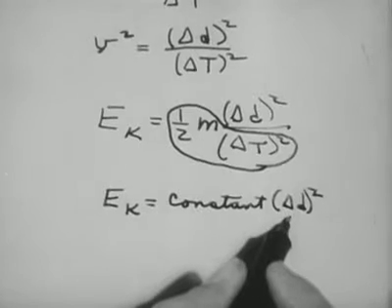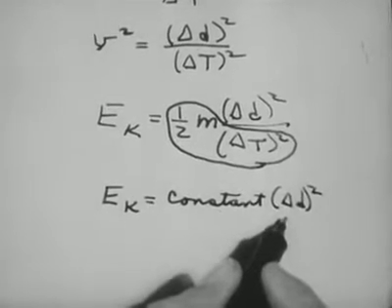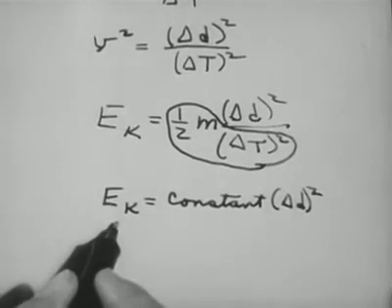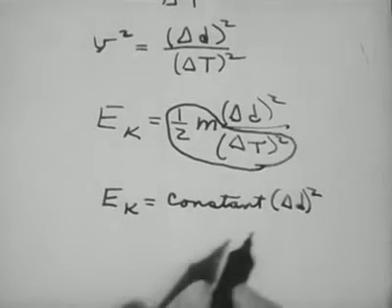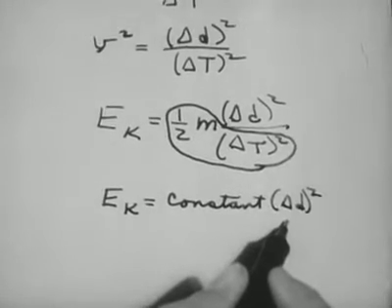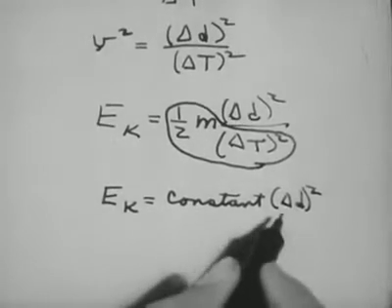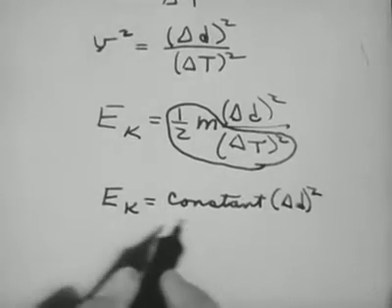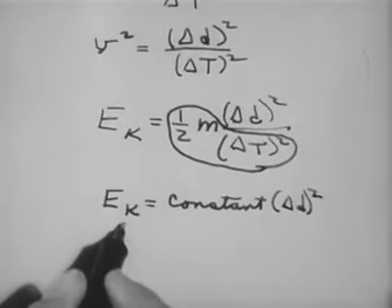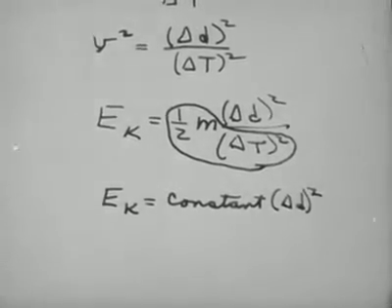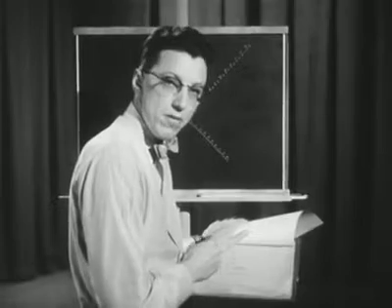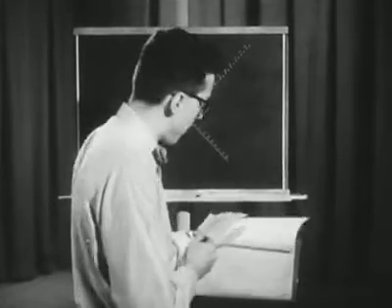If I square these numbers, I can use them as a measure of the kinetic energy. Delta D squared is proportional to the kinetic energy, and a variation of delta D squared will be the same relative variation as the kinetic energy. I'll use this relative measurement of energy in all my calculations.